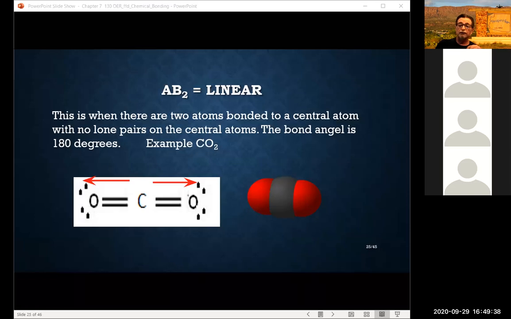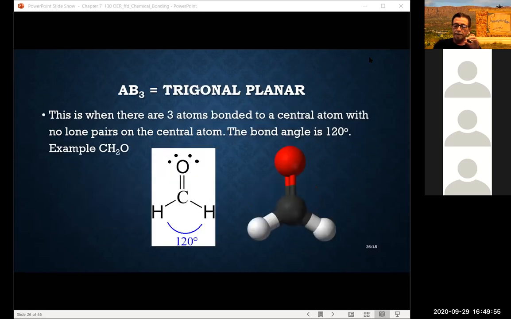Let me clear this. This concept is important because we have to grasp, one, electronegativity, and two, in which direction that pull is going, okay? We have a lot more to say about that.